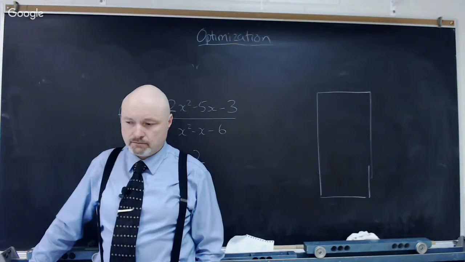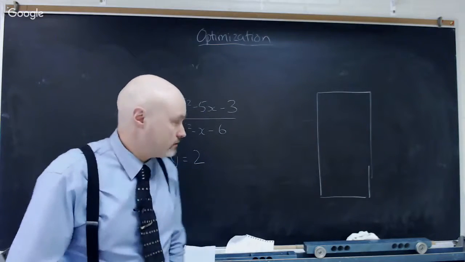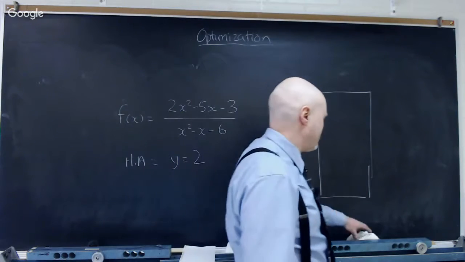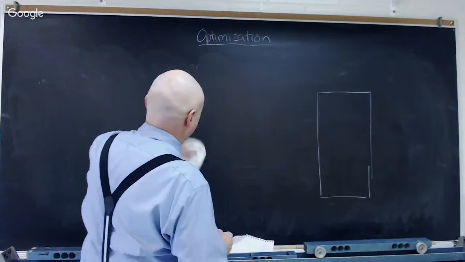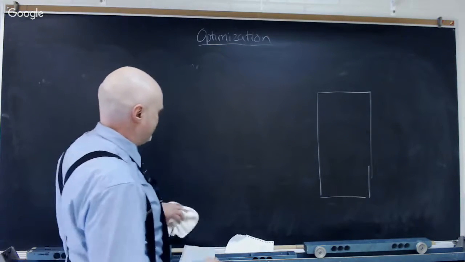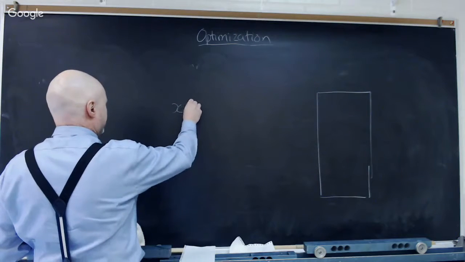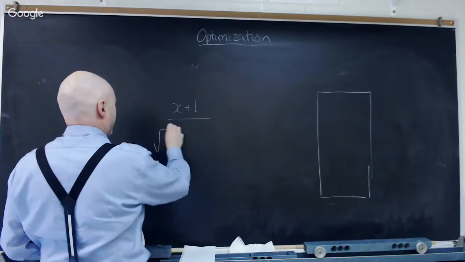Just like if we had a radical on the bottom of an expression and trying to figure out how to set it equal to 0 and solve for that. Yeah, we did that here too.